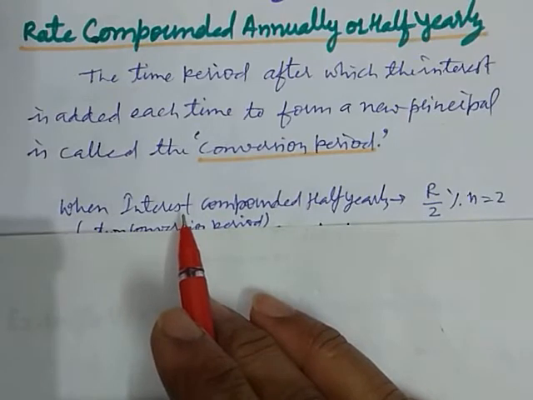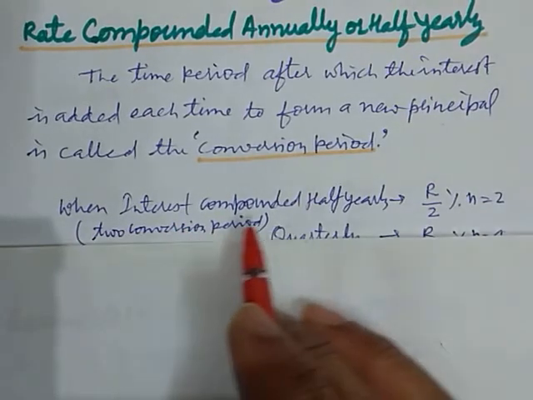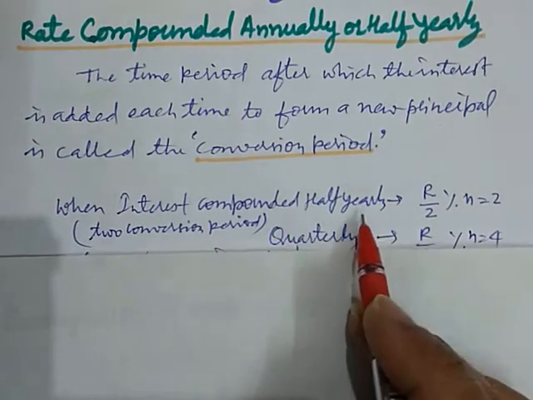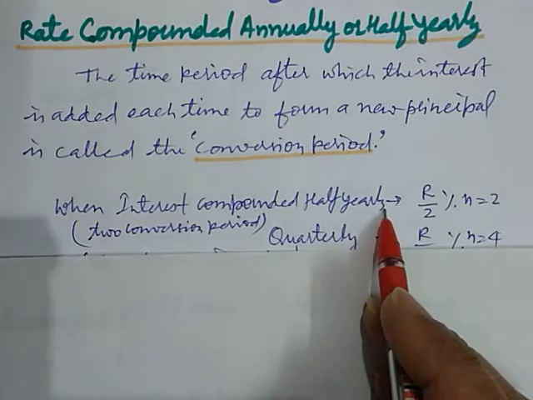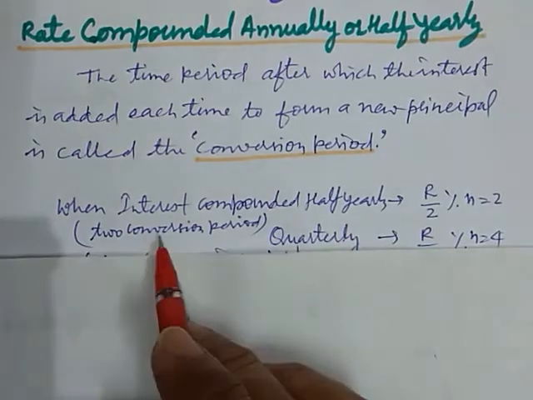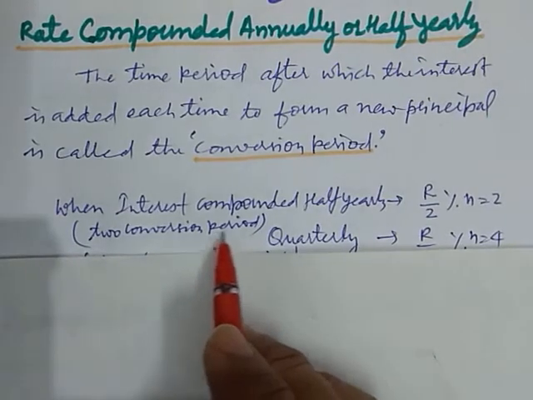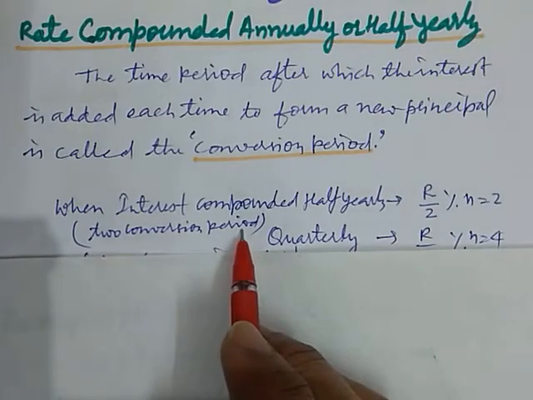When interest is compounded half yearly, that is in a single year, there are 2 conversion periods.